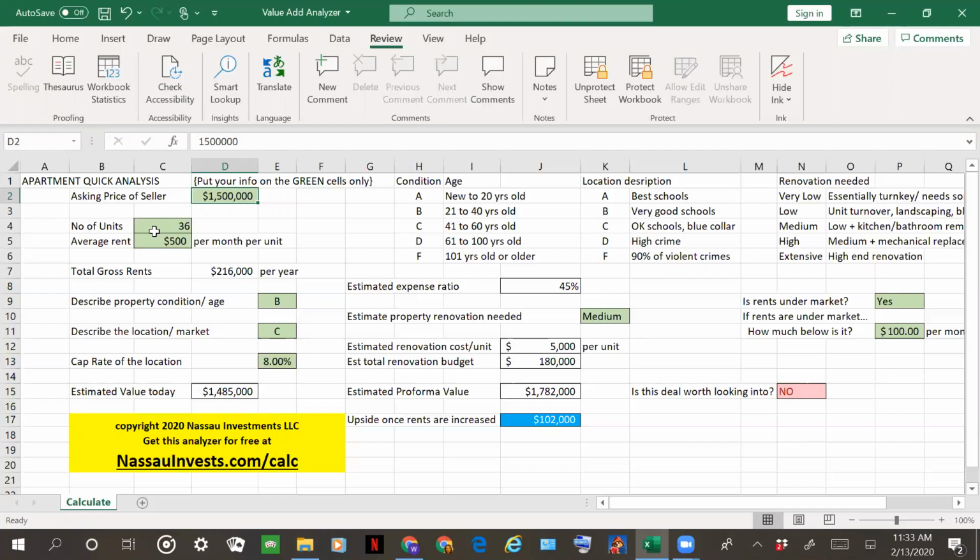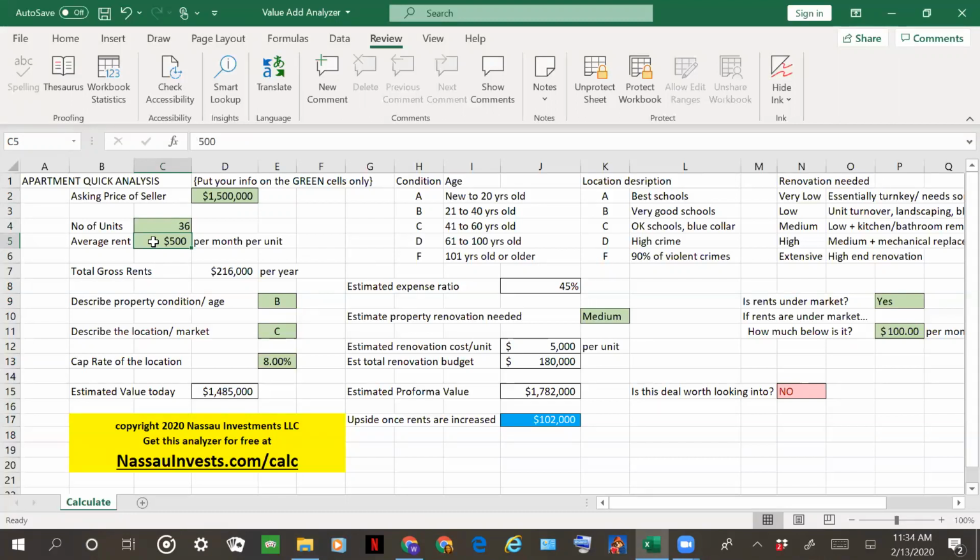And then obviously the number of units and the average rent per month per unit. If you don't know that, it's simple math. If you know the gross income when the building is 100% occupied, then by dividing it by the number of units, you'll find out the average rent per unit.